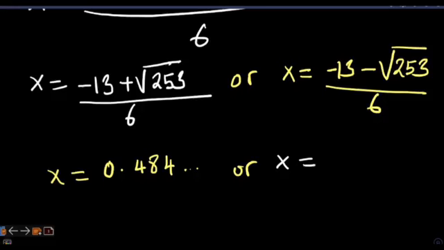Then for the second one we also do the same. We punch negative 13 minus the square root of 253. The answer is giving us negative 28.905977372.